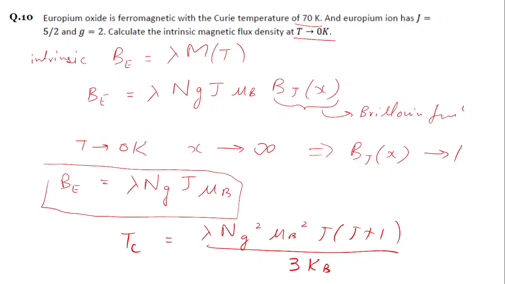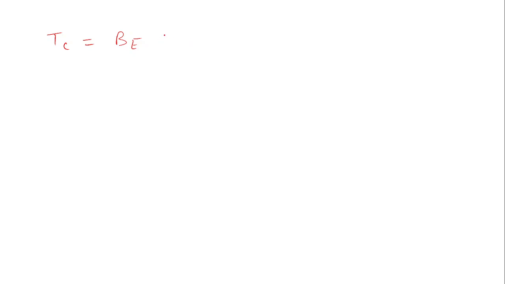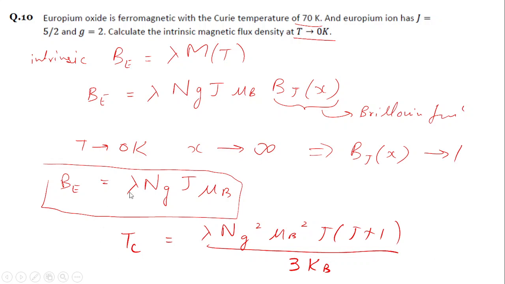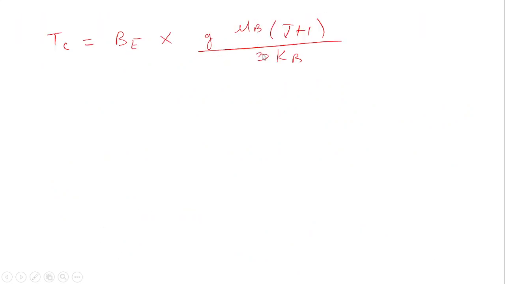So I can write Tc as Be, and what is remaining now is one g, j plus 1, and one mu B, and then the denominator 3 kB. So Tc can be written as Be times all this, and Tc we know. So I could clearly avoid the value of lambda, which was unknown. That is why I use the Tc formula here.